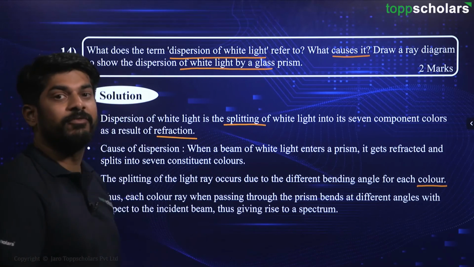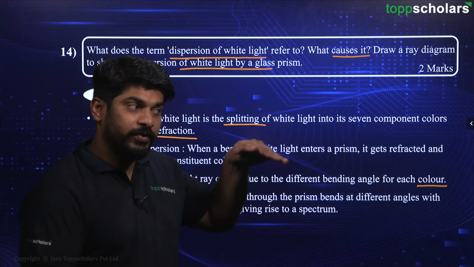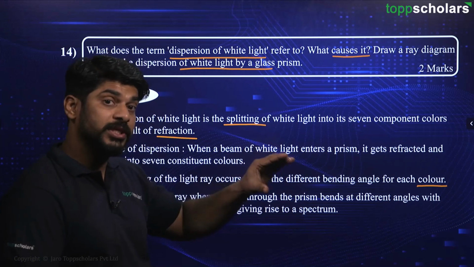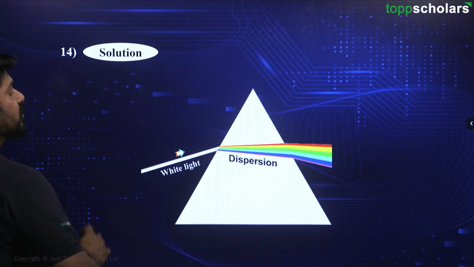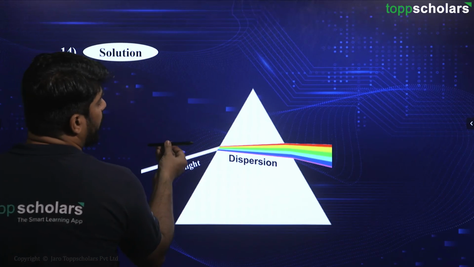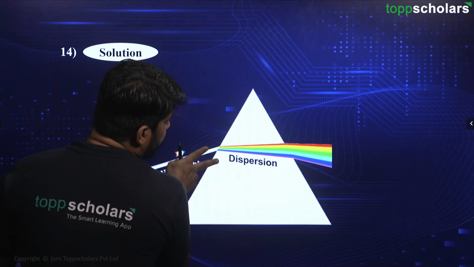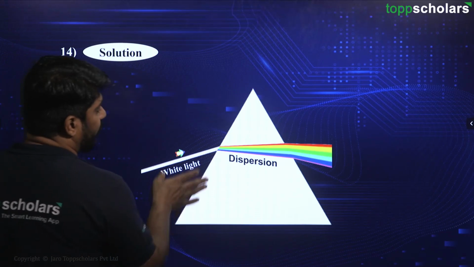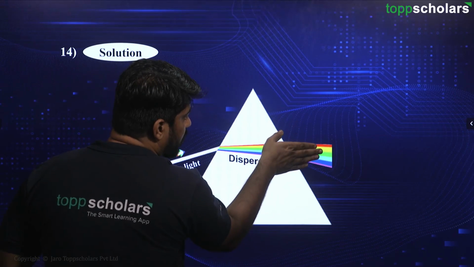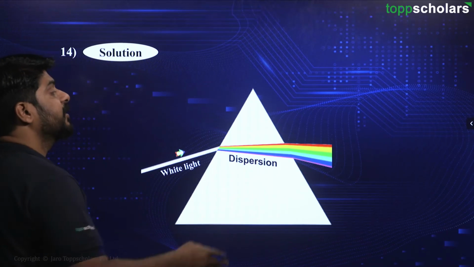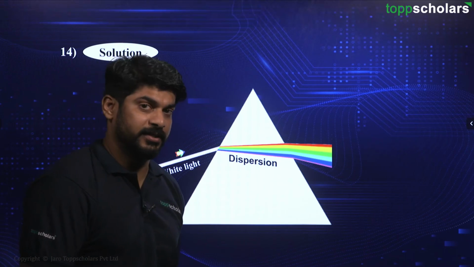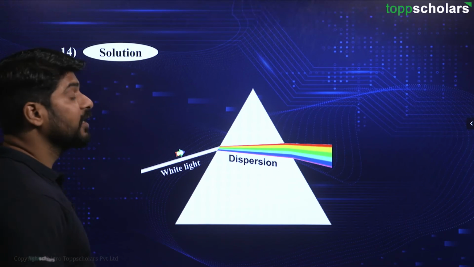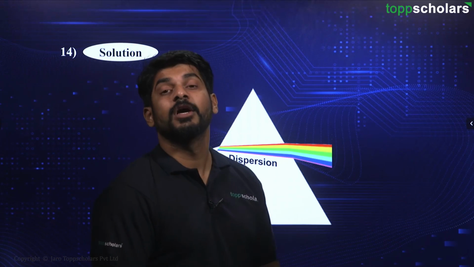Since every color bends by a different angle, that's why we get to see a colorful spectrum. So this is how it looks. White light, when it passes through the prism, first disperses into 7 colors, then again when it comes out, it spreads even more, giving us 7 colors. So this is what happens in the case of a prism.